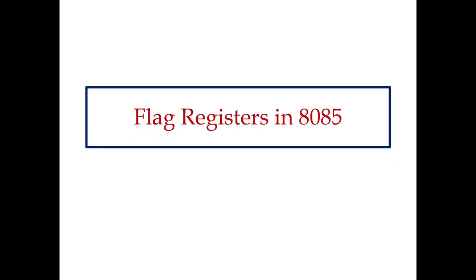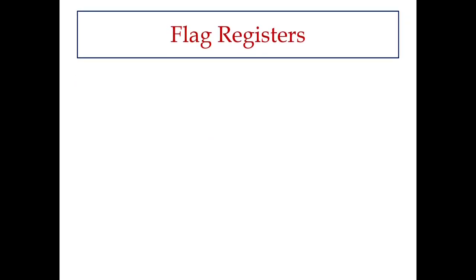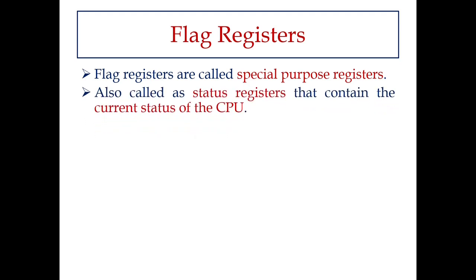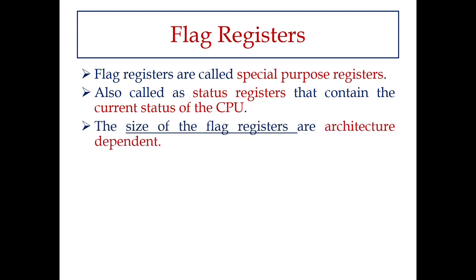In this video, let us discuss flag registers in microprocessor 8085. Flag registers are called special purpose registers. They are also called status registers because they represent the present status of the central processing unit.